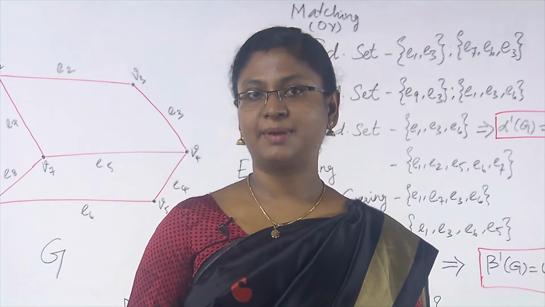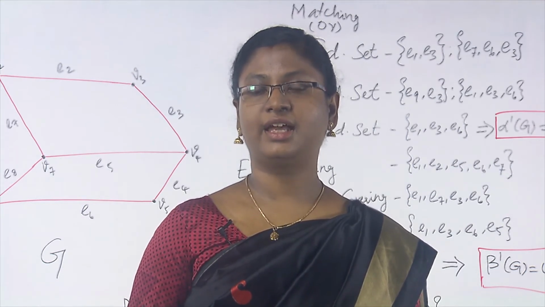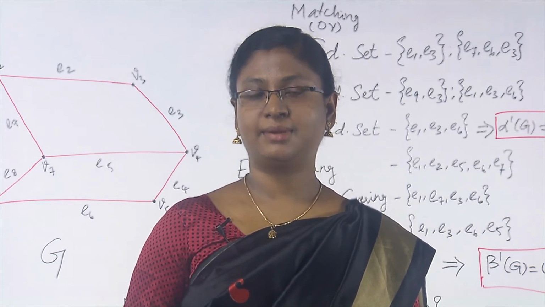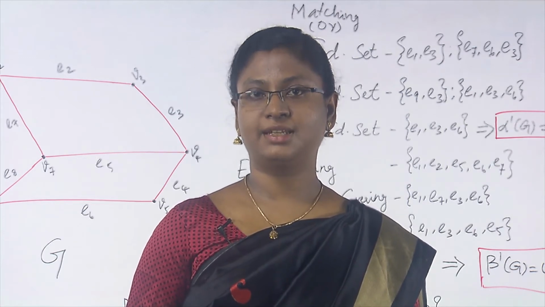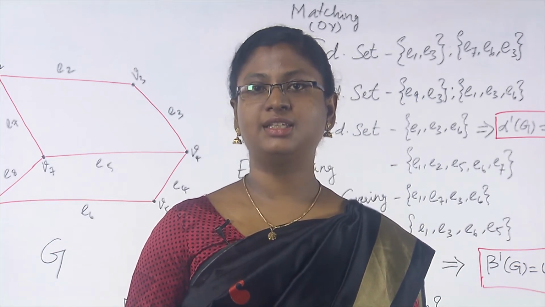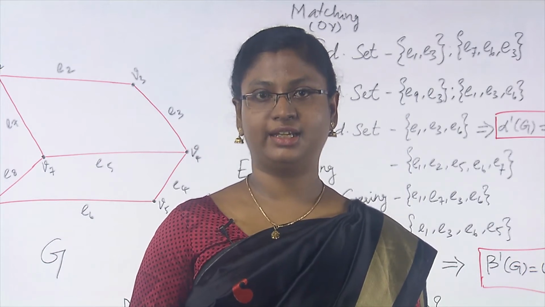Does there exist a special name for the number of edges in this maximum matching? Yes, we have. That is the edge independence number. The number of edges in a maximum edge independent set is called the edge independence number and is denoted by alpha dashed of G. Next, let us see the definition of M saturated vertices in a graph.